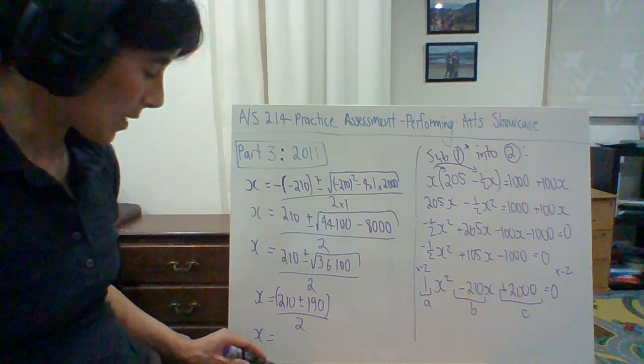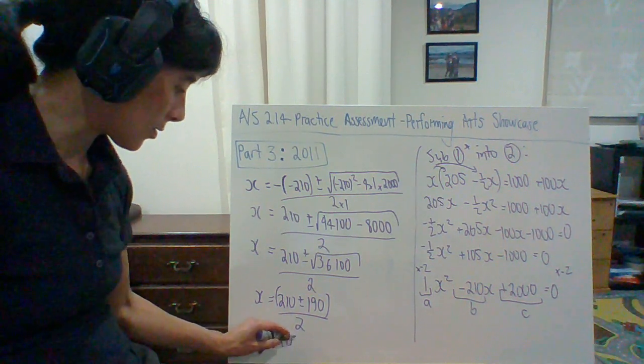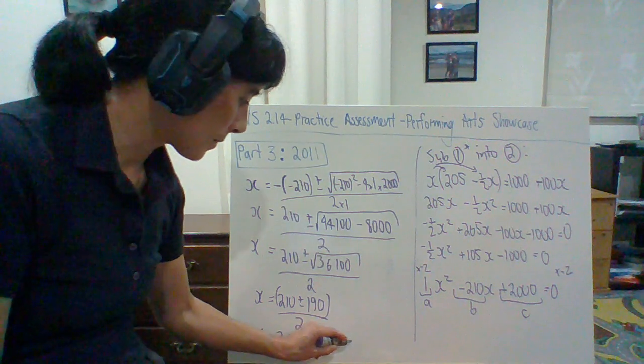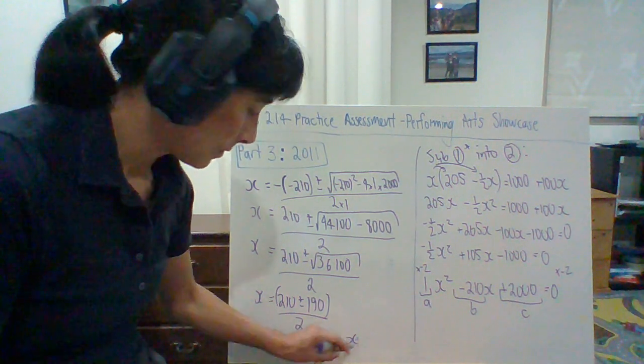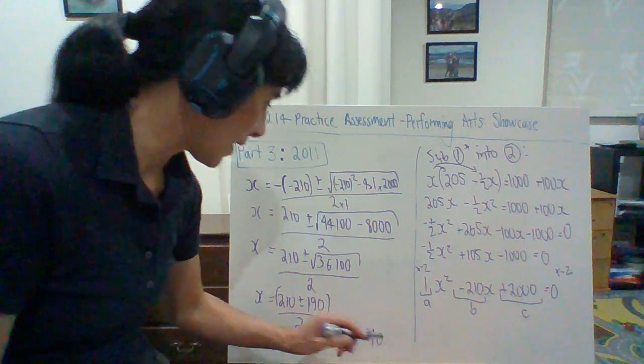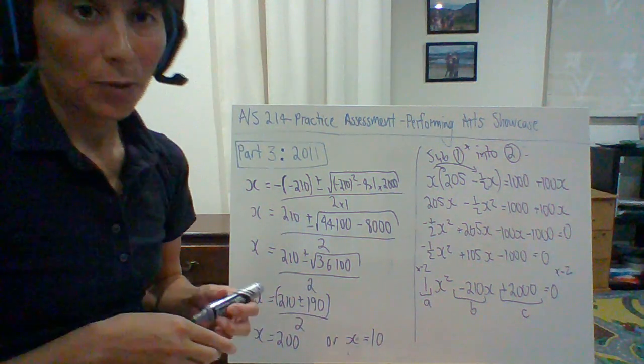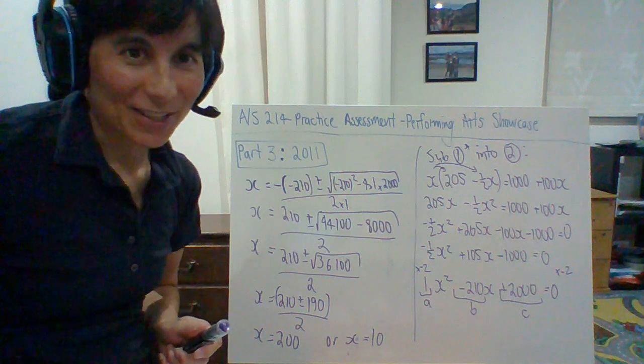Our two solutions there are either x equals 200 or x equals 10. At this point, we need to work out their corresponding y values.